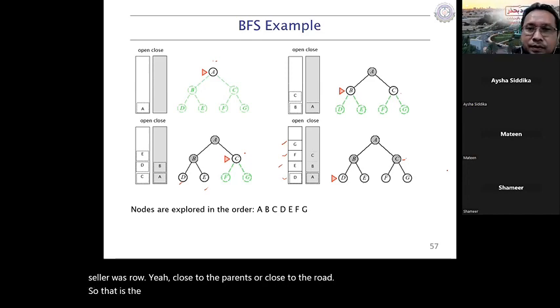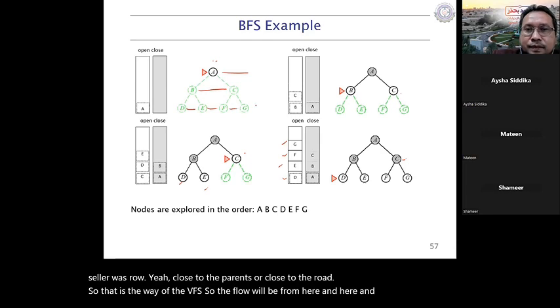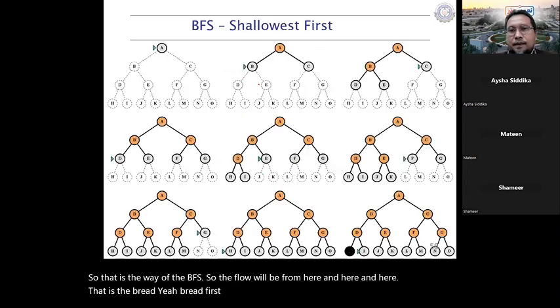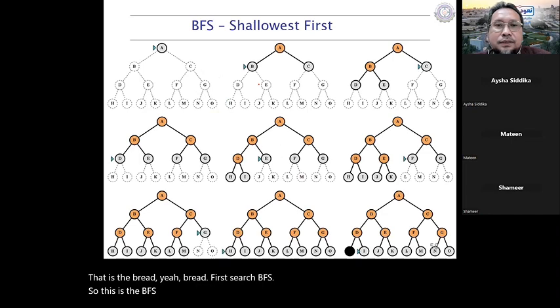So the flow goes across each row. That is the breadth, breadth first search, BFS. We create the branches for the shallowest first.